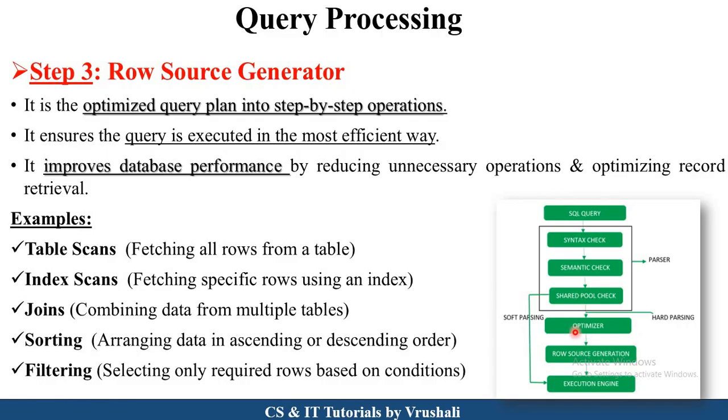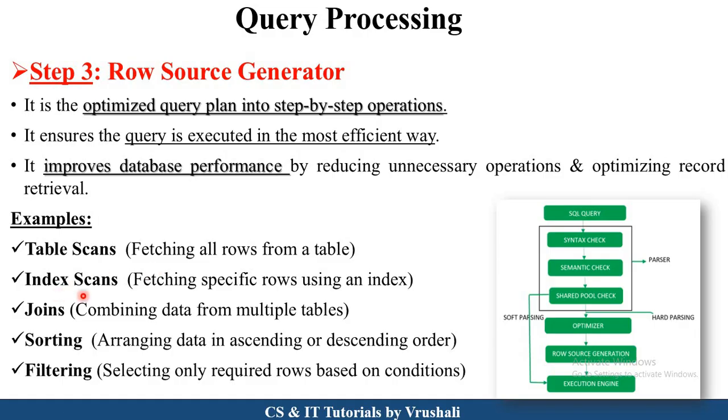Now, the query optimizer decides the best execution plan, and this plan is sent to the row source generator. The row source generator actually executes that plan, which is called step by step optimized query plan execution. Suppose your query has select star. Star means all records, so the row source generator scans the complete table and fetches all the rows from your table.